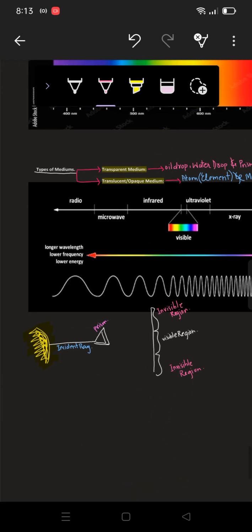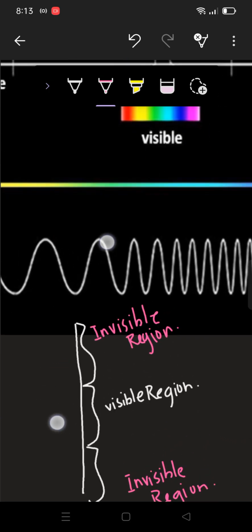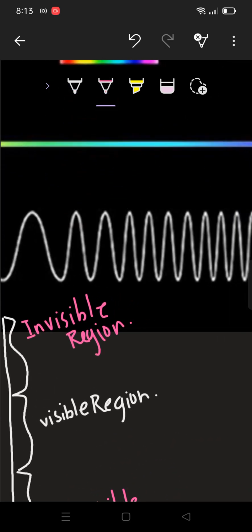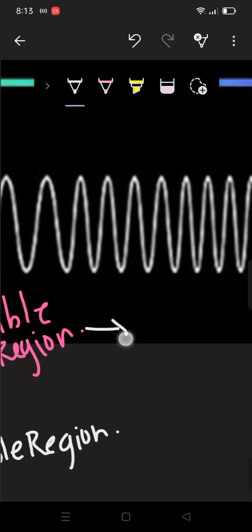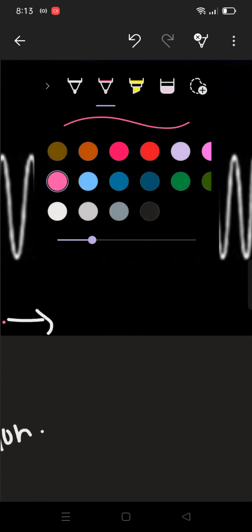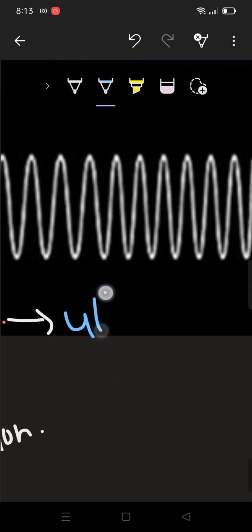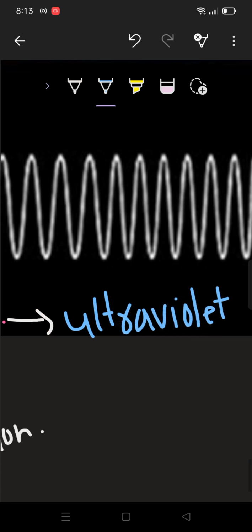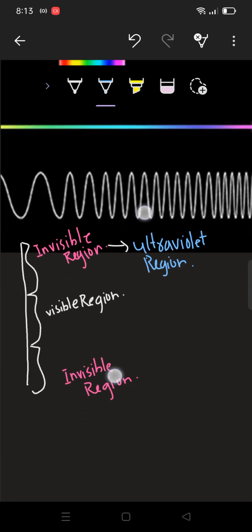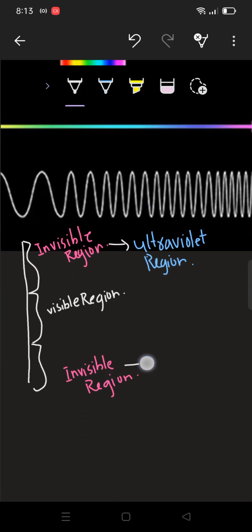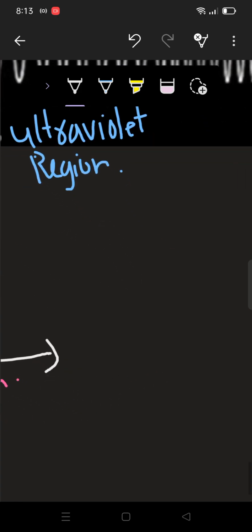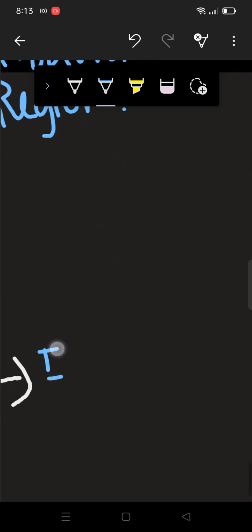So this upper invisible region is also known as the ultraviolet region. However, the lower invisible region is known as the infrared region, right?